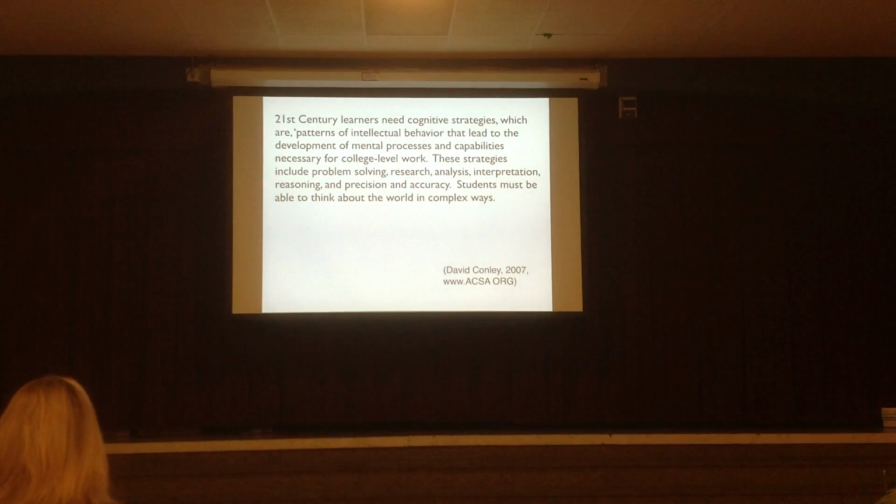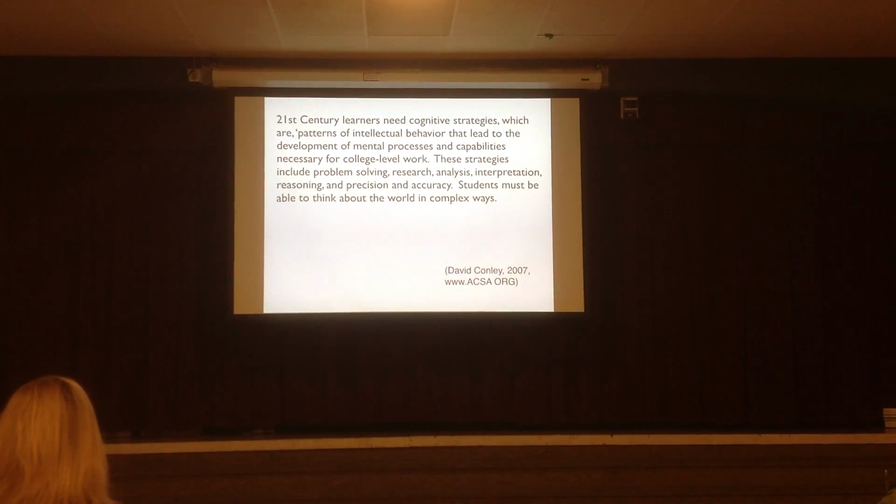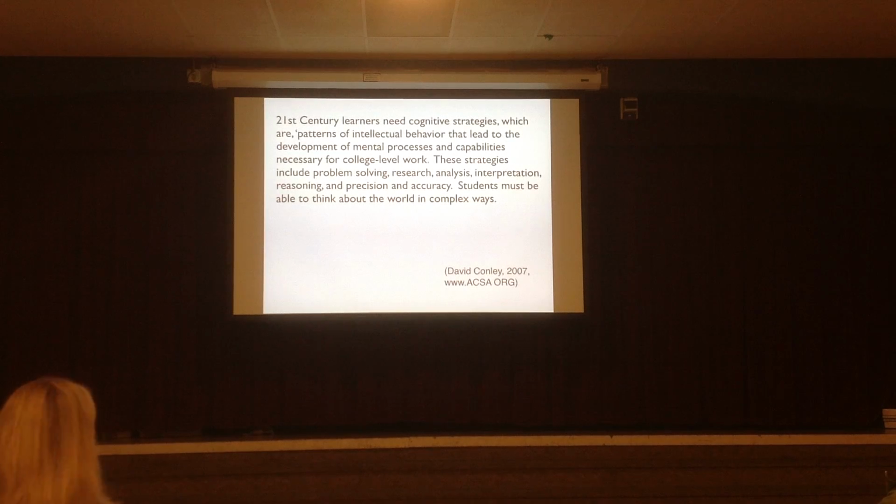Okay, so it says, 21st century learners need cognitive strategies, which are patterns of intellectual behavior that lead to the development of mental processes and capabilities necessary for college-level work.